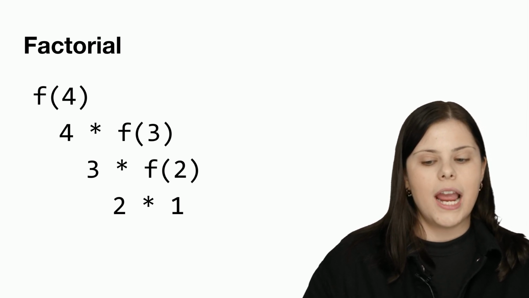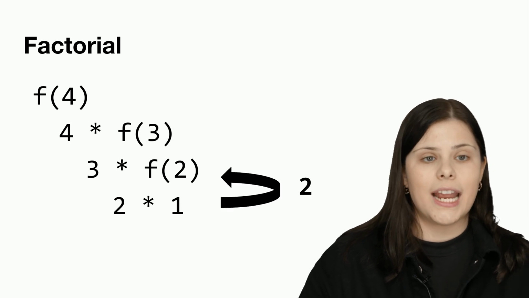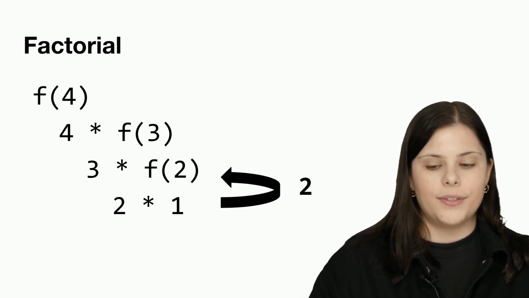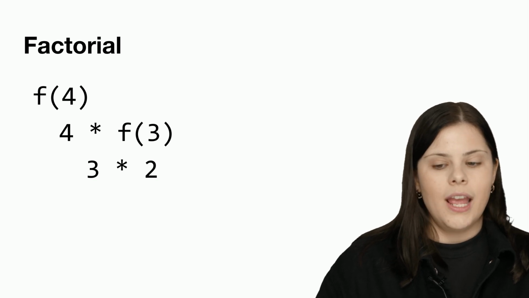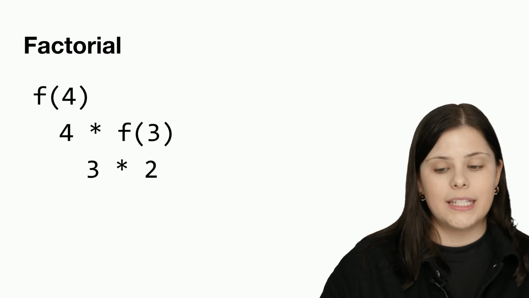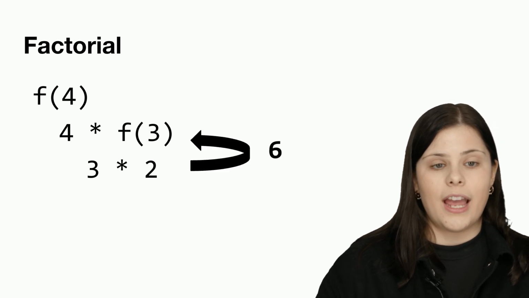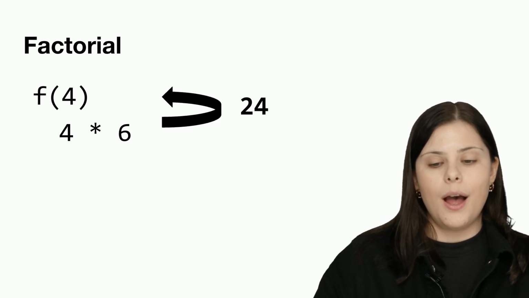In the same way, 2 times 1 equals 2, and so we can plug it in instead of f2, which in turn will give us 3 times 2. We're going to make this step a couple more times. 3 times 2 is 6, and so we're substituting f3 with 6. Now we have 4 times 6, which we plug back up, and we get 24 in the very end, which is factorial of 4.